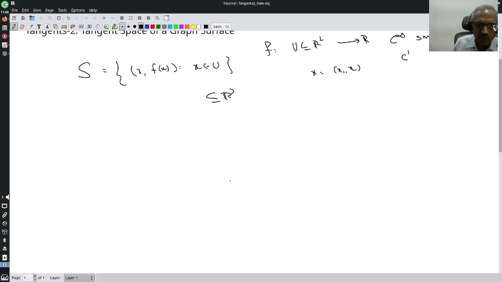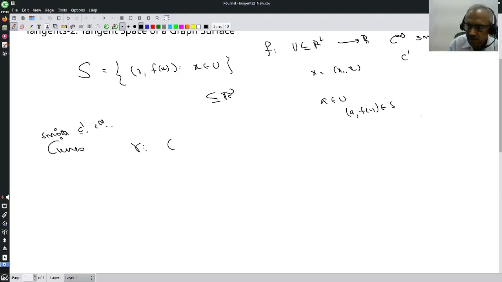Now for the tangent space, let's look at curves. Smooth curves, of course. By smooth curves I mean C1, C infinity, etc., minimum C1. Let's fix a point a in U, and look at the point (a, f(a)) in the surface, that is (a1, a2, f(a1, a2)).